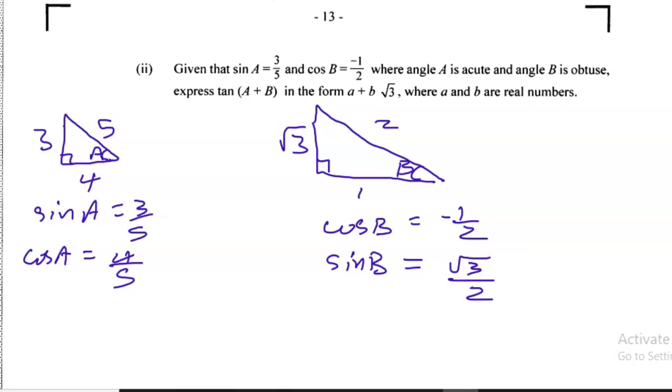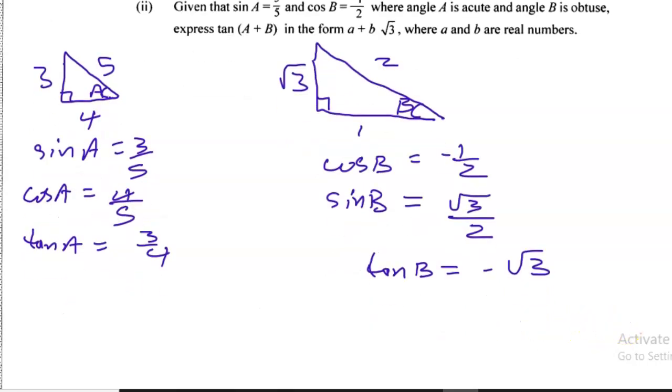Alright? Now we're asked to find, and of course, tan A is opposite over adjacent, which is 3 over 4. And tan B, of course, if its angle is obtuse, tan B would be a negative value. Tan B is what? Opposite over adjacent, which would be negative root 3 upon 1. So we're asked to find tan(A plus B).